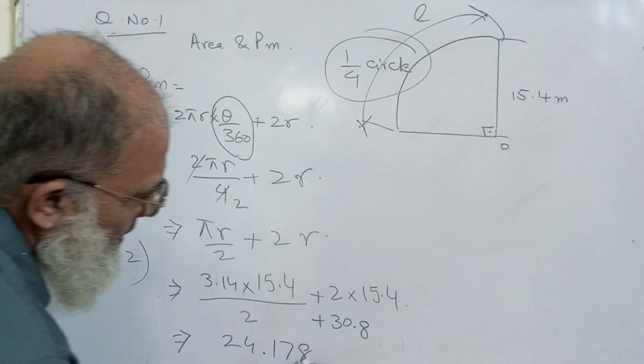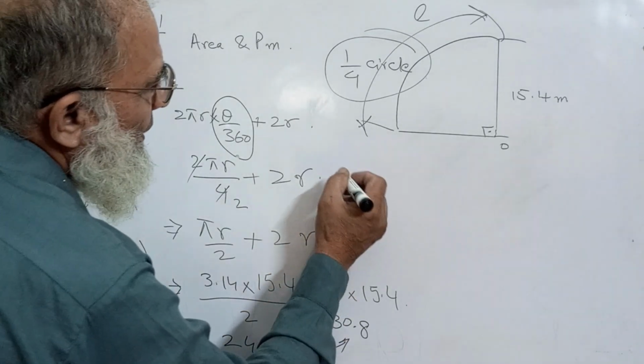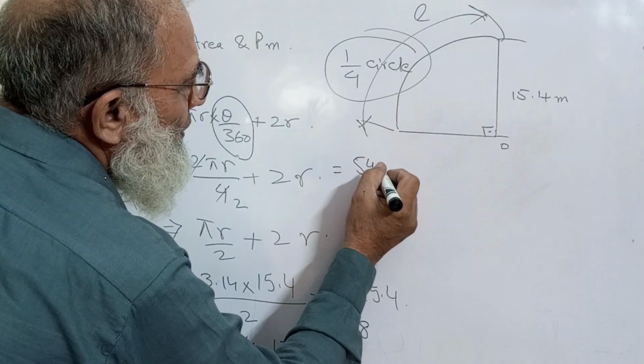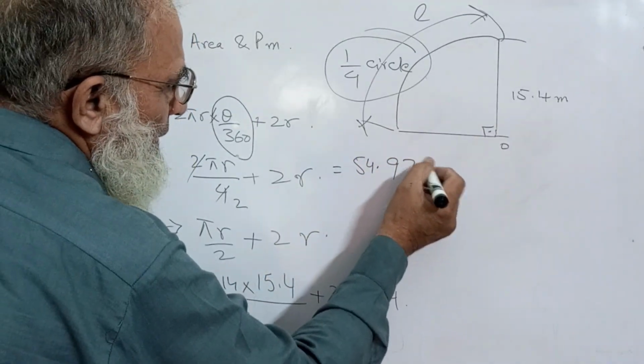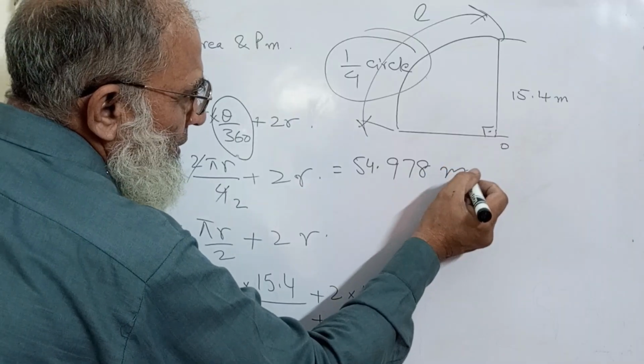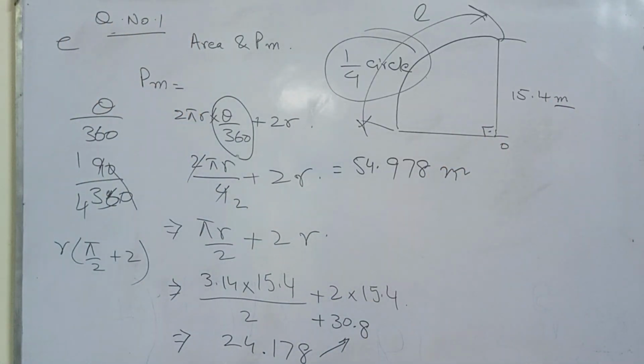Plus 30.8, it will become 54.978 meters, because the unit given is meter.